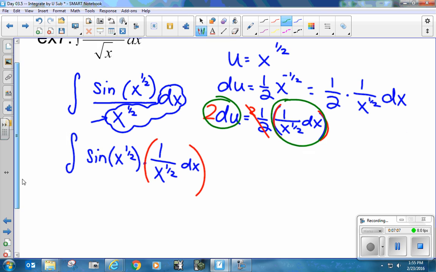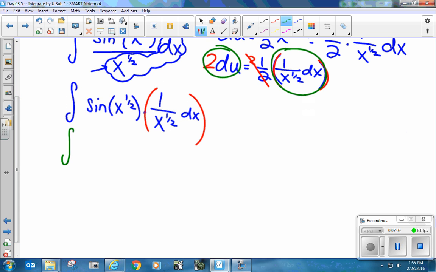So now, it's the integration of the sine of u times, and this becomes 2 du. What happens to the 2? Yeah, it's constant. I can kick it out until I'm done with the whole integration.